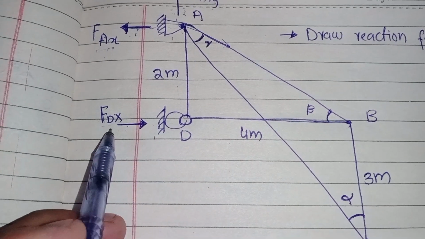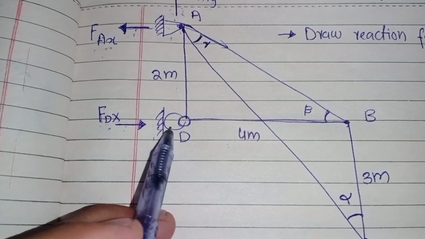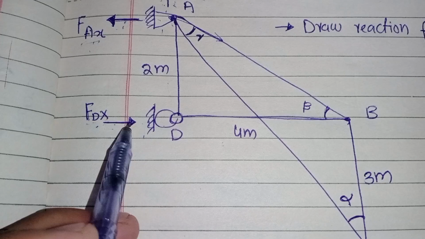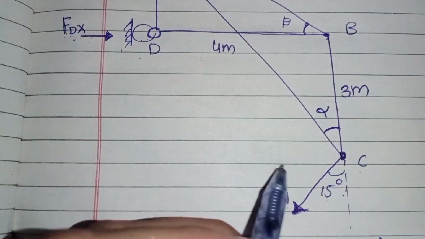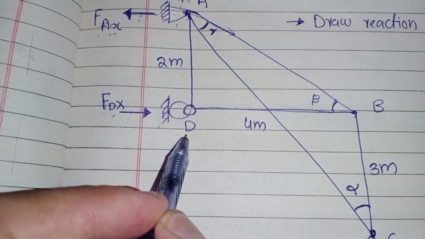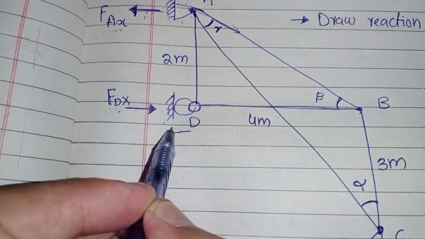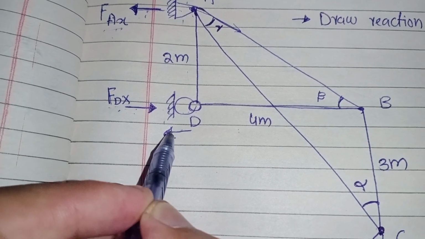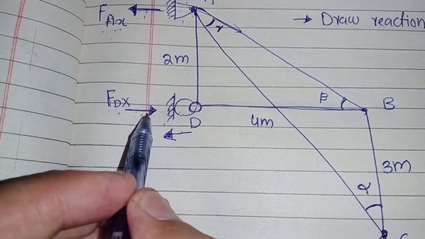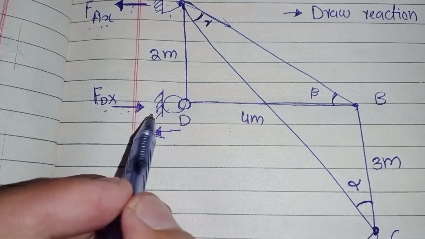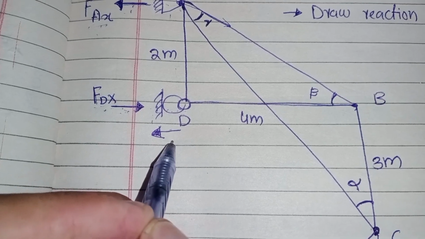The roller support also resists a force which tries to move this support to the left side, but it resists, and this is the reaction force of this force which resists this force.